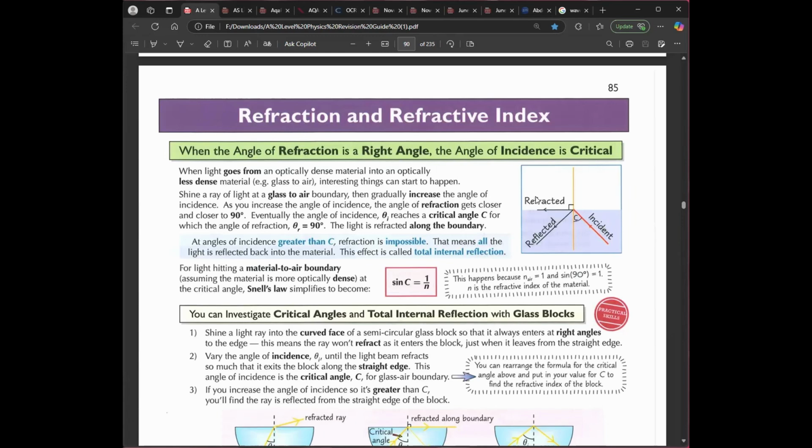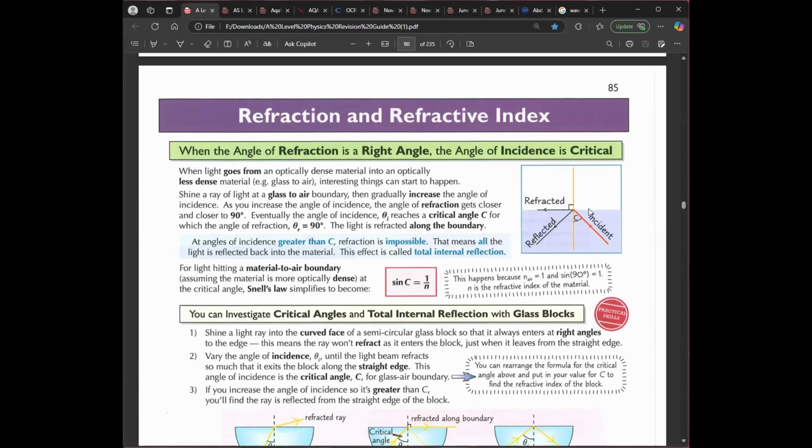The angle of refraction would reach 90 degrees before the angle of incidence because it is greater, right? So there comes a point where you give the incident wave an angle, and the angle of refraction becomes equal to 90 degrees, which means that no light actually goes beyond the boundary. This angle is called the critical angle.